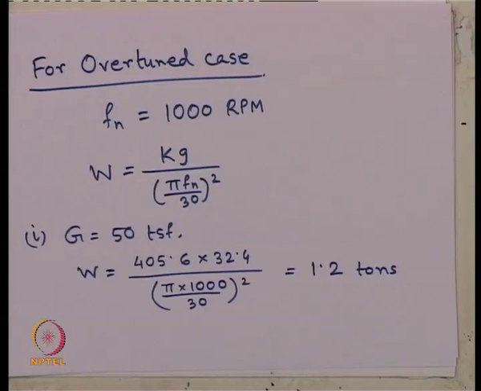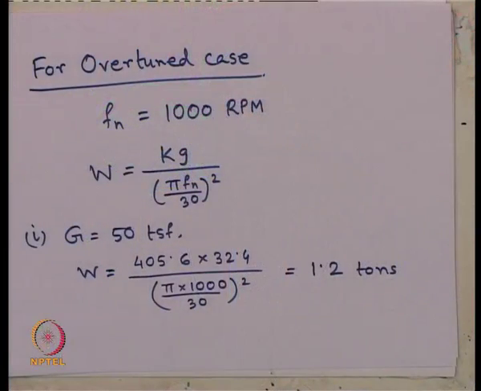Okay, let me clear this point. The G unit, what I have told at the beginning, that is kg per centimeter square. What is that kg? kgf, kg force unit. Then only it is equivalent to TSF, in weight unit, not in mass unit. Do not think that that is the mass unit in the G. Tschebotarioff's method is sufficient, not fully.